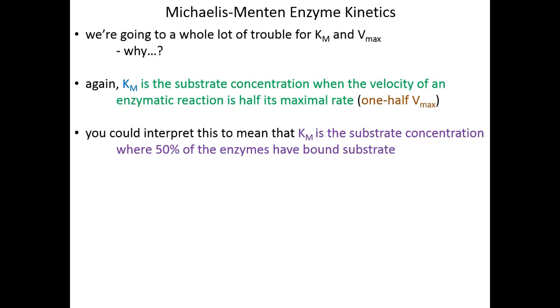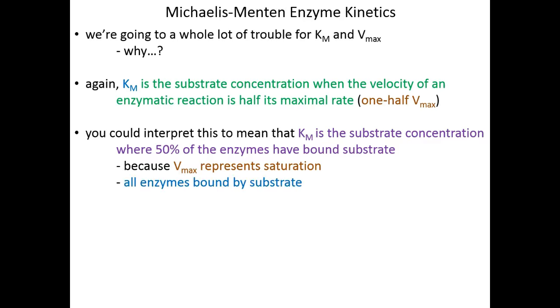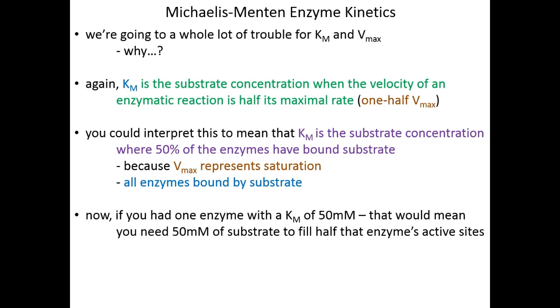If Km is really the substrate concentration where 50% of the enzymes are bound to substrate, and that's because Vmax represents when we have 100% saturation, then Km is really giving us an idea of how well enzyme wants to bind to substrate. Imagine you had two enzymes. One enzyme has a Km of 50 millimolar.